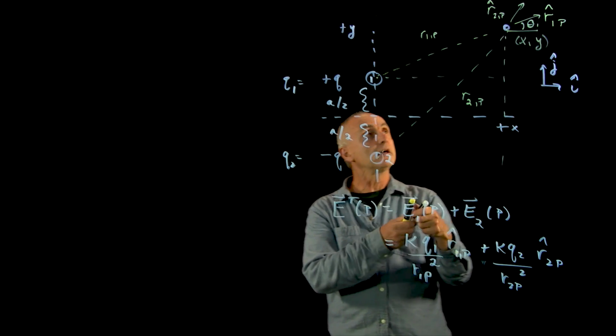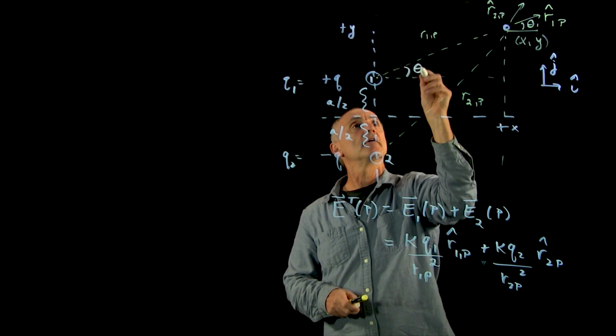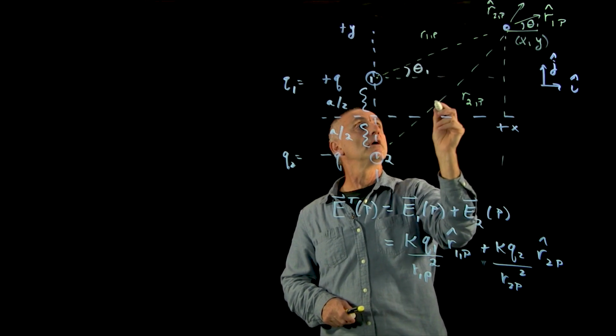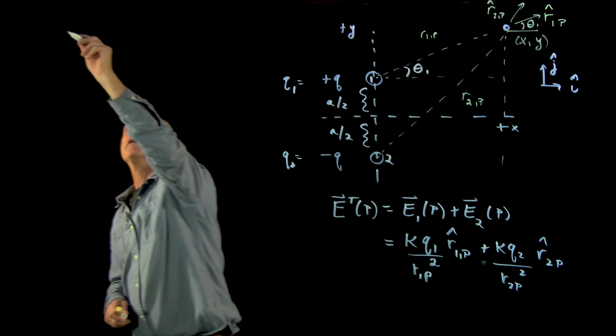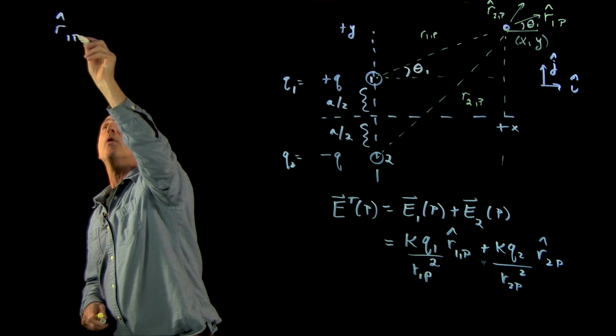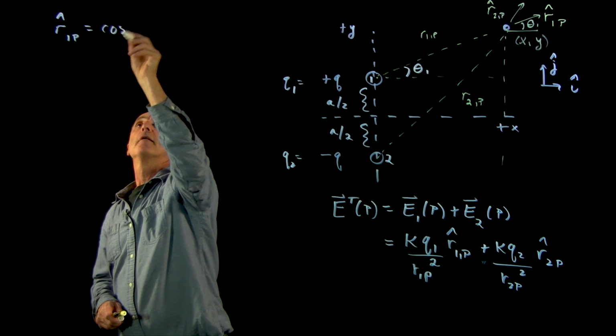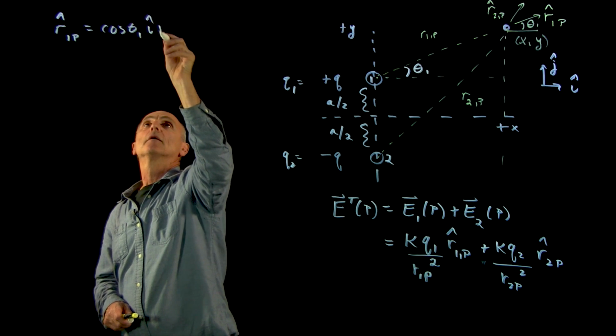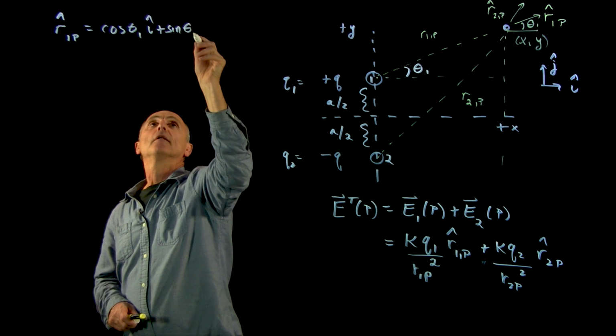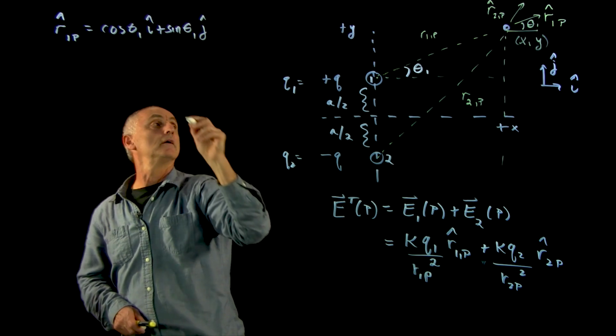So once again, there's just vector decomposition. We have that R hat 1P, well, it's going to have a cosine theta 1 i hat plus a sine theta 1 j hat.